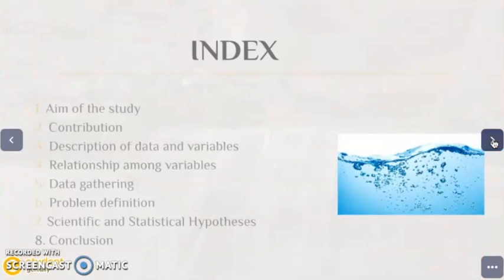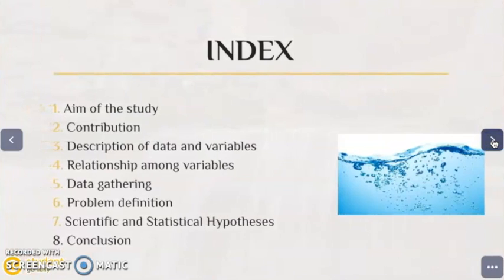The content that we're going to be talking about during the presentation: first, the aim of the study, then the contribution of the study, after that the description of the data and variables, also the type of variables, and then the relationship among variables.